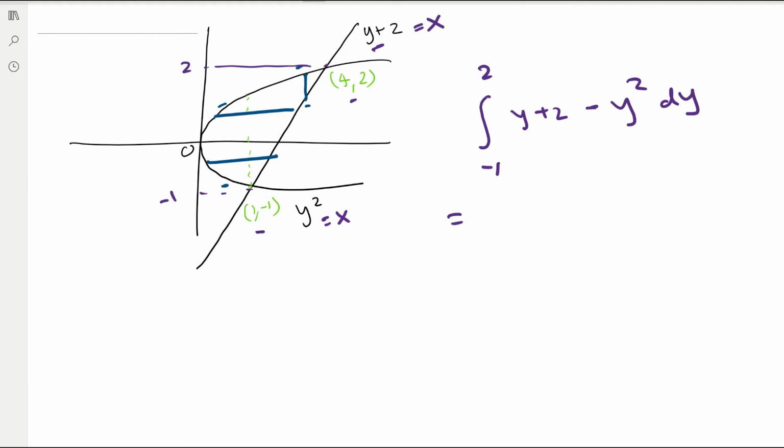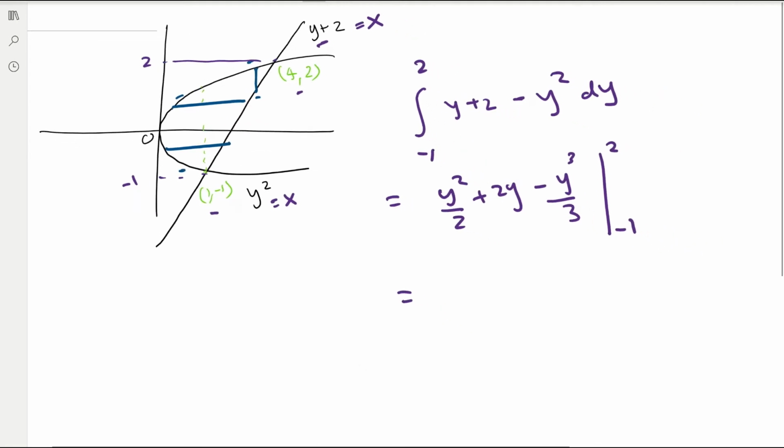Then if you integrate this, y integrates to y square over 2, 2 integrates to 2y, y square integrates to y cube over 3, going from -1 to 2. Now all you need to do is substitute the values. If you substitute 2, 2 square is 4, 4 over 2 is 2. 2 times 2 is 4, minus 2 cube is 8, so 8 over 3.